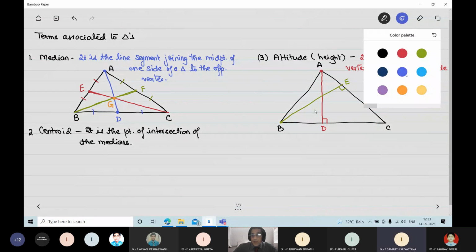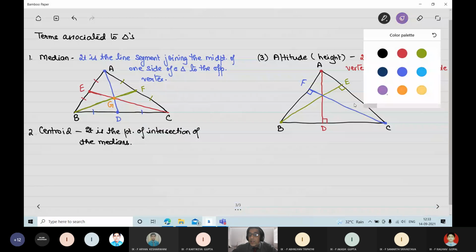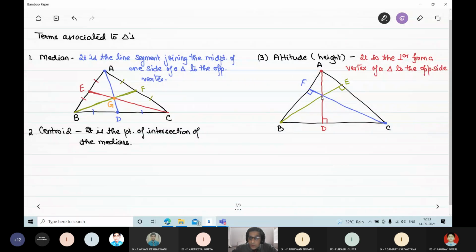Similarly, if you draw a perpendicular from the point C, this is how the perpendicular would be drawn. Because this perpendicular is being dropped on the side AB, AB will become the base. So in a triangle, there are three altitudes, and all these three altitudes meet at one single point.